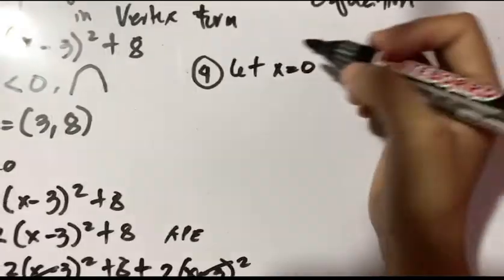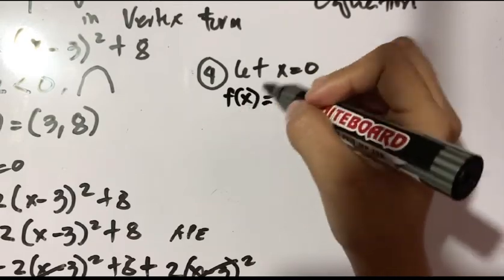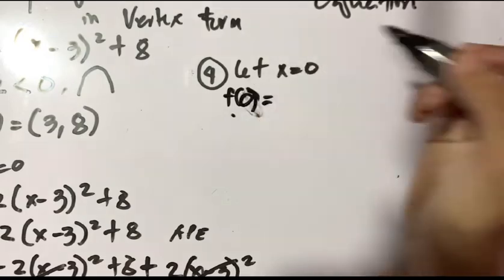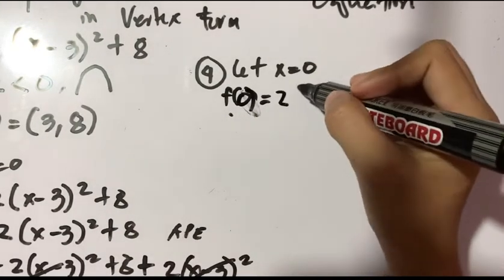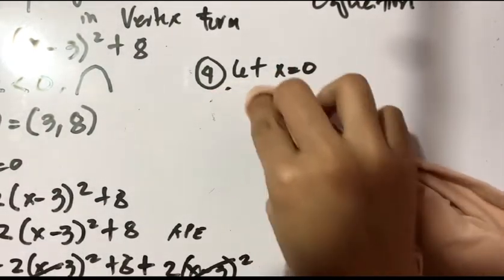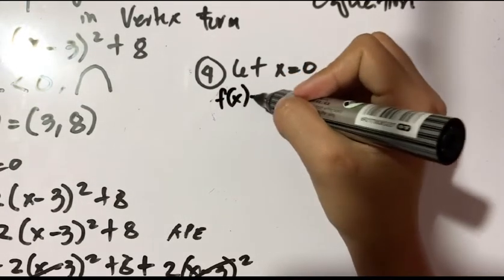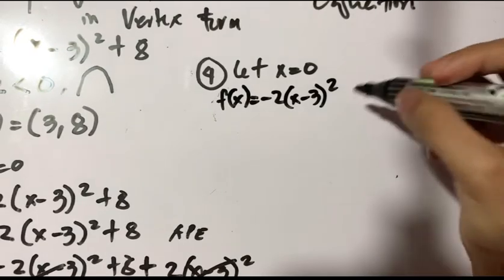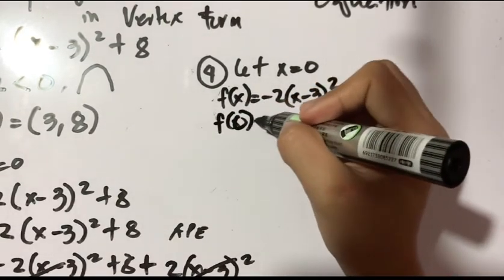So, f of x is equal to 0, or we just set it directly. If x is equal to 0, then our function here, f of x equals negative 2 times x minus 3 squared plus 8. So, we will let x be equal to 0.